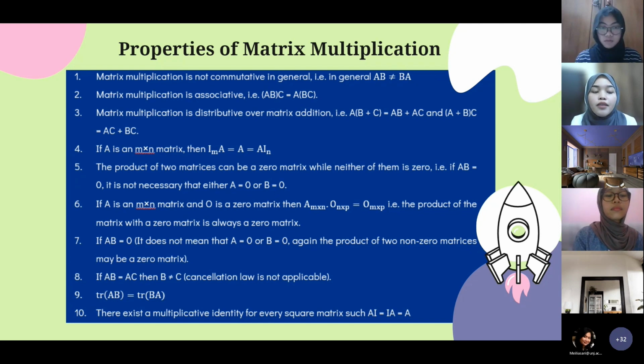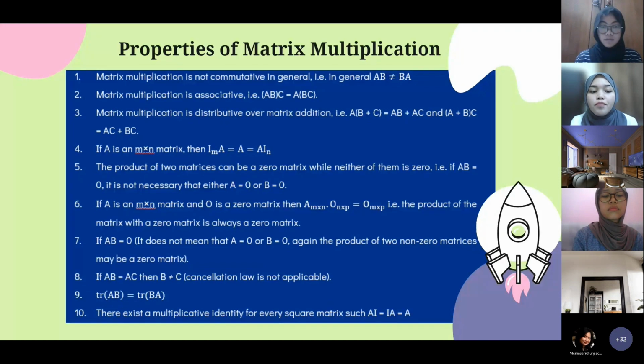Seven, if AB is equal to 0, it does not mean that A is equal to 0 or B is equal to 0. Again, the product of two non-zero matrices may be a zero matrix. Eight, if AB is equal to AC, then B is not necessarily equal to C, because the cancellation law is not applicable.